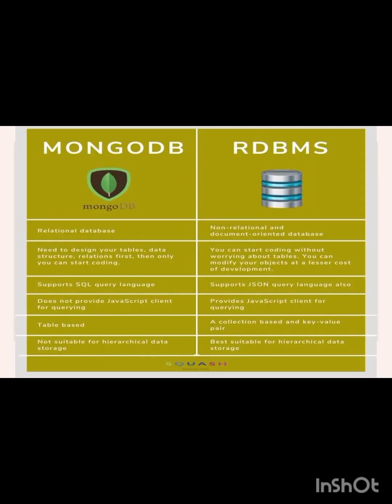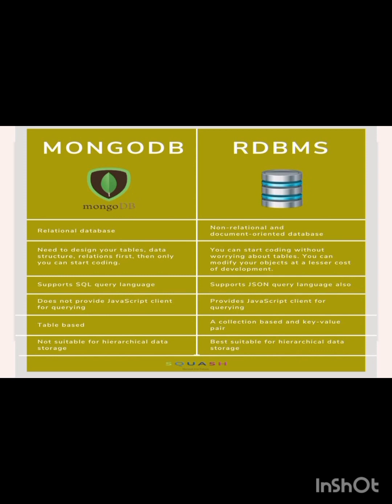So let us see the difference between RDBMS and MongoDB. RDBMS is a relational database, whereas MongoDB is a non-relational and document-oriented database. RDBMS is not suitable for hierarchical data storage, whereas MongoDB is suitable for hierarchical data storage.